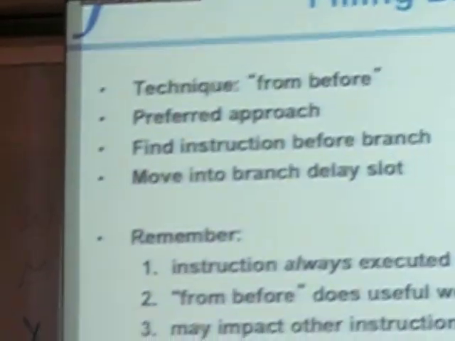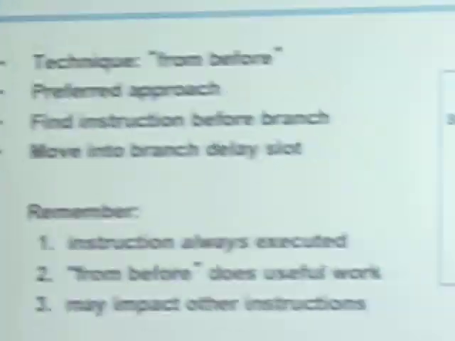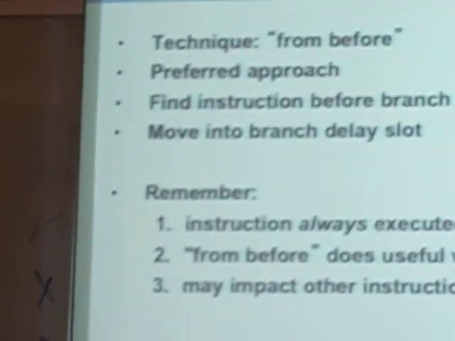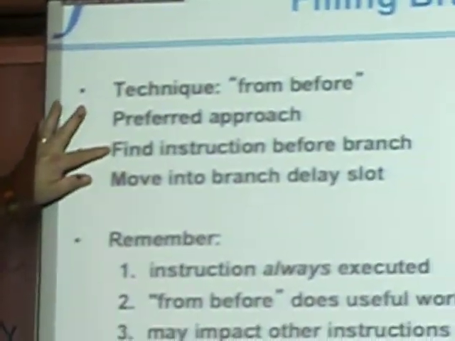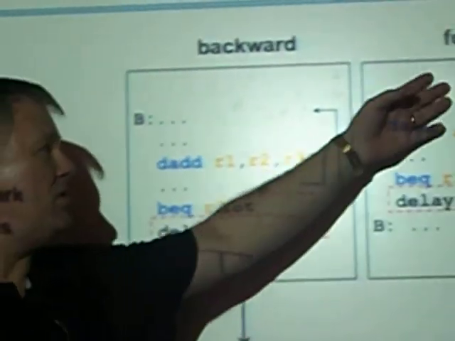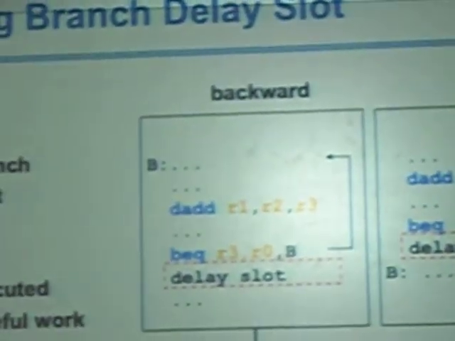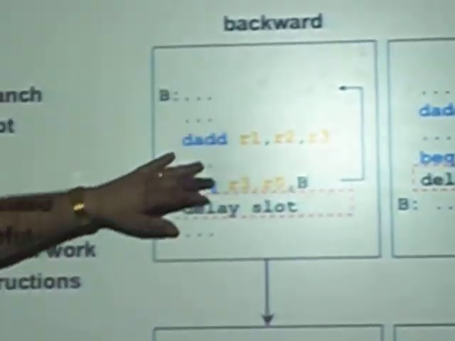There's really 2 techniques. There's from before, which is the preferred one. The idea is to find some instruction before the branch and move it into the branch delay slot. And there's 2 flavors of that: either a backward or a forward in the from before technique. So look at this. Here's the way it used to look.